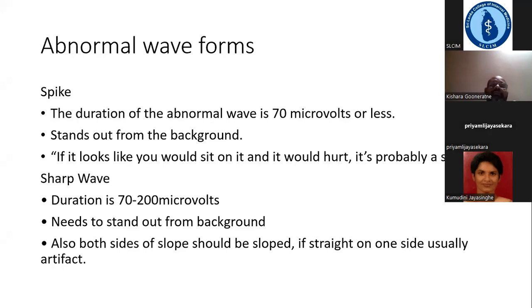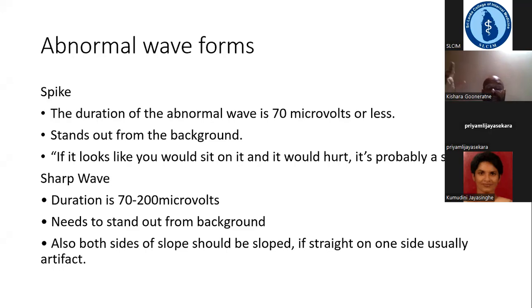Then you need to look out for any abnormal waveforms, and the stereotypical abnormal waveforms that are generally seen are spikes and sharp waves. Spikes are very sharp looking.